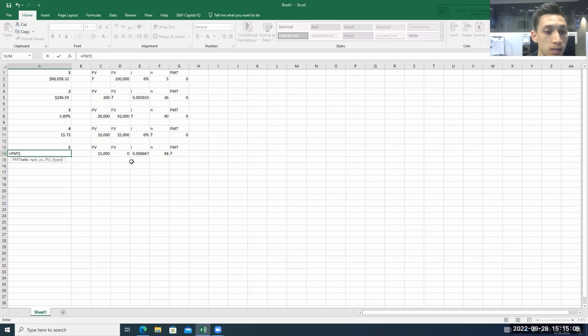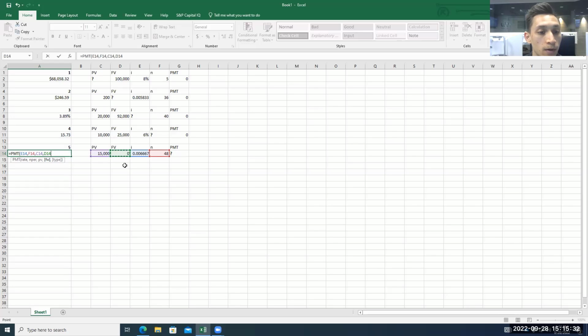It asks us for the rate. The rate is this number, and we did divide it by 12 to reflect the compounded monthly change. The number of periods is going to be 48 months. That was multiplied by 12. Present value is $15,000. That's how much the loan is today. Our future value is 0 because whenever we pay off the loan, we won't have anything else to pay.